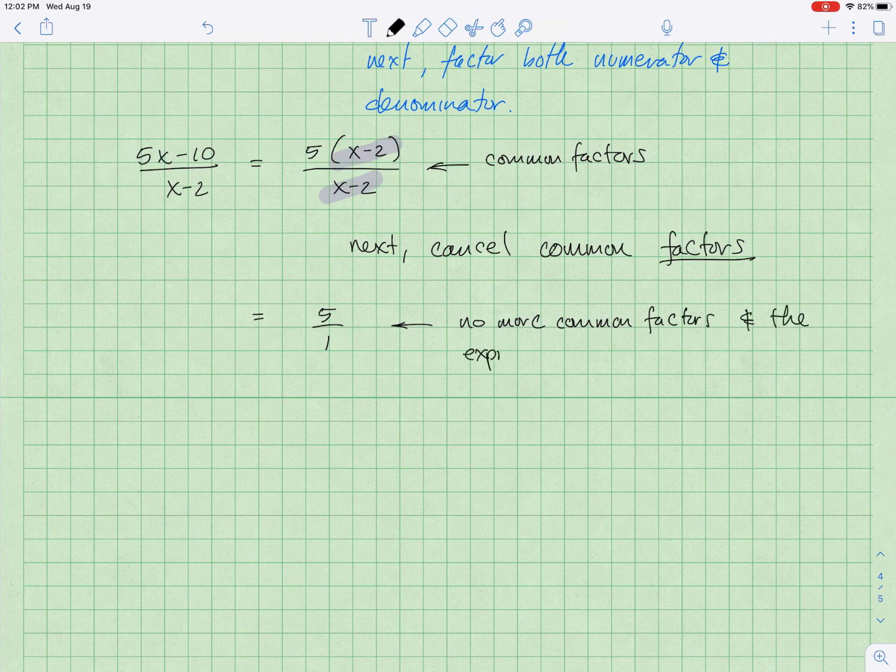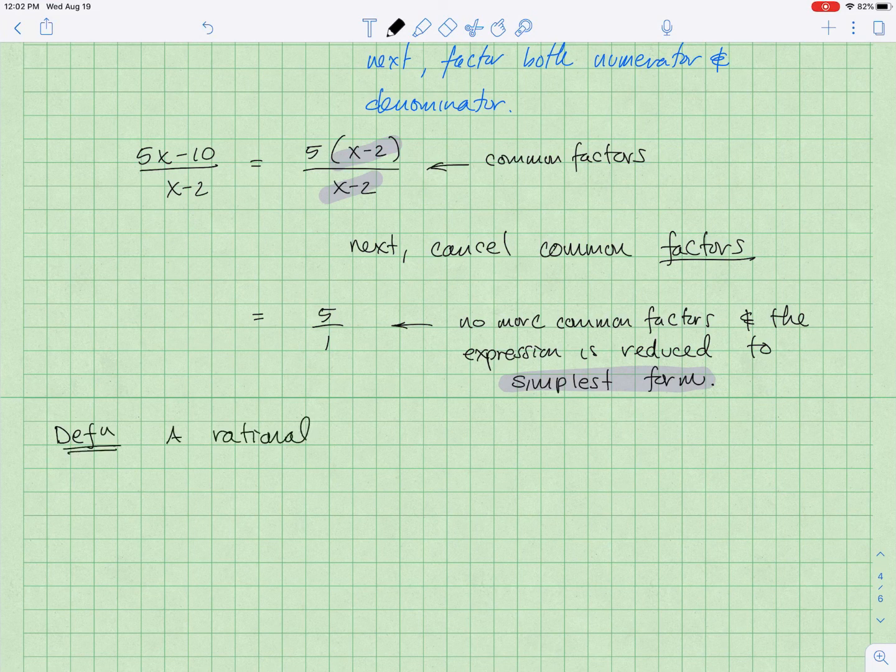And the expression is reduced to what's called simplest form. So that's another form that we're striving for, simplest form. So let's throw that definition in here really quick. Definition.